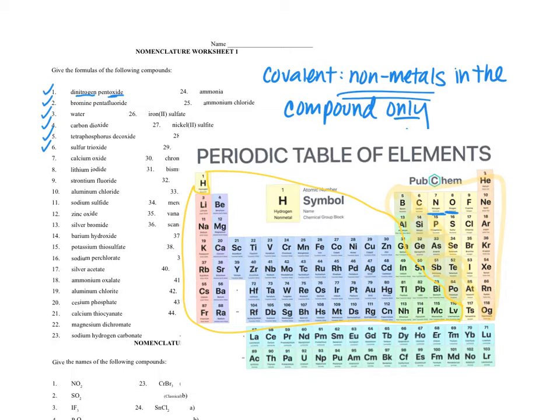Lithium's a metal, strontium's a metal, aluminum's a metal, sodium, zinc, silver, barium, potassium, sodium perchlorate, silver acetate, ammonium oxalate. Ammonium is not a metal, but it is a cation. I'm going to go over what that means when we look at ionic compounds. So 18 is also ionic. Ionic, ionic, ionic, ionic, ionic. So I know the 6 at the top are covalent.